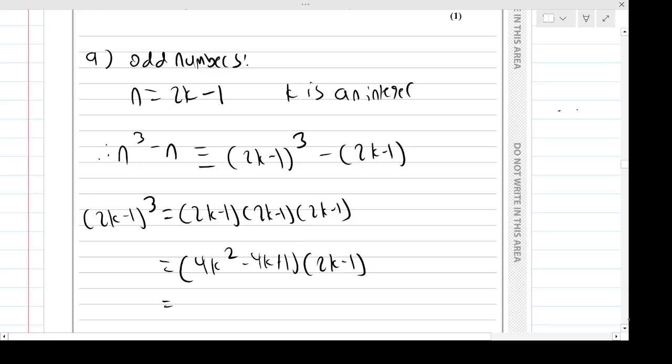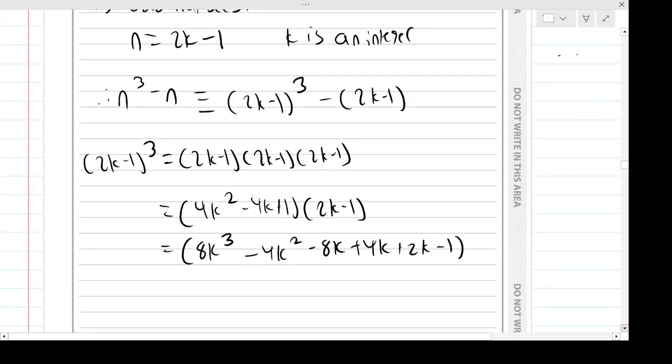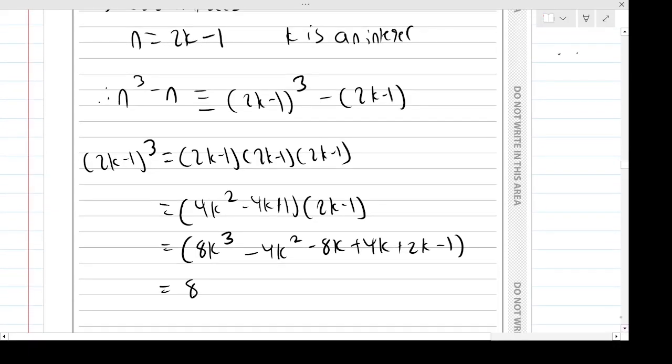That would be 8k cubed minus 4k squared minus 8k squared plus 4k, add 2k minus 1. Am I missing a term? Yes, that should be minus 8k squared. So that's minus 12k squared, add 6k minus 1.